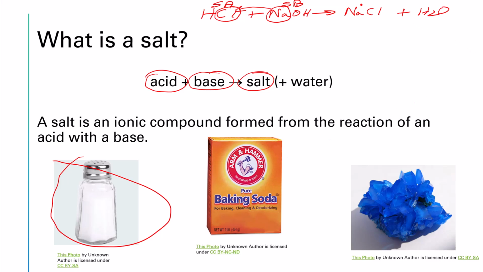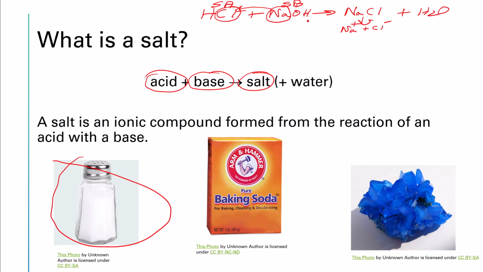And so this salt, when it comes from a strong acid and a strong base, is neutral. Why? Well, it is a strong electrolyte. It's going to put into solution sodium cation and chloride anion. And both the sodium cation and the chloride anion are spectator ions in this reaction. They're not doing chemistry, and they're not going to react with the water to affect its hydrogen ion concentration, thus changing its pH.